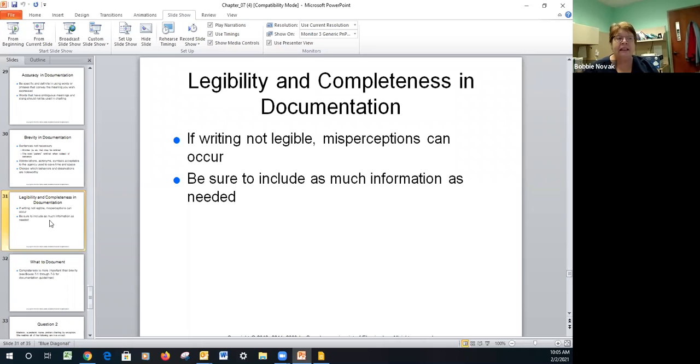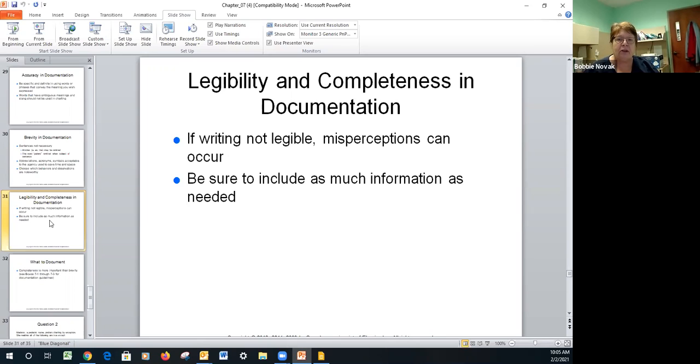Legibility and completeness. Okay, if you are writing out a handwritten note, you need to make sure that we can read it. If your handwriting is really bad, you need to practice. We need to be able to spell our words correctly so that there's no confusion about what you actually meant. So get yourself a dictionary if you have to.